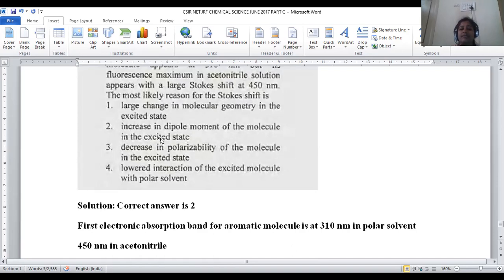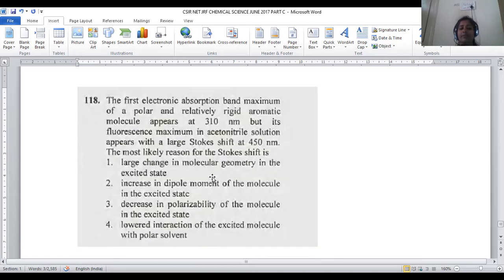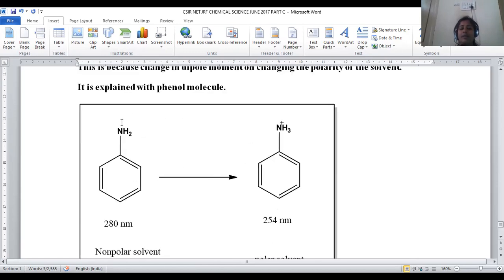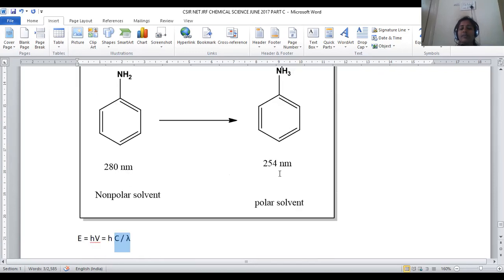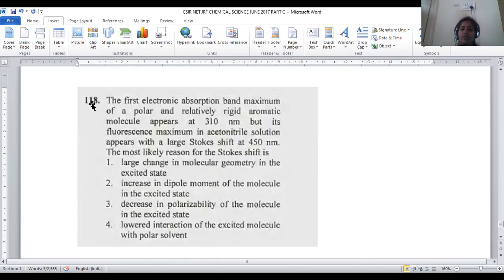This is the exact reason for this electronic absorption spectra. So here the dipole is different, here the dipole is different. If dipole moment is changed, subsequently the absorption wavelength values are also altered. So that is the reason why for question number 118, option number 2 will be the right answer.